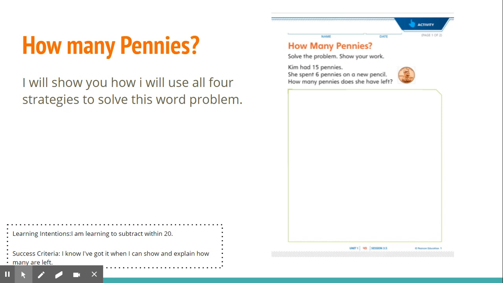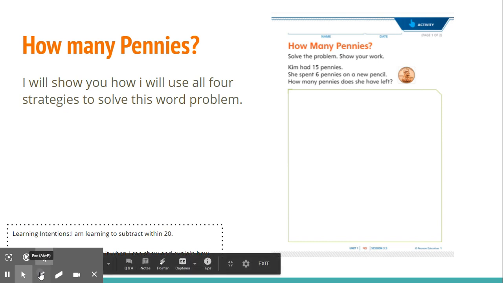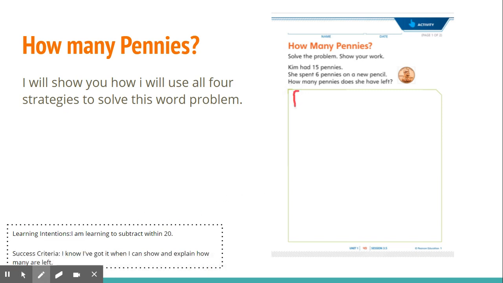So my first strategy was to use numbers. If I were going to use numbers, then I could do this. She started with 15, then she spent 6. How many are left?